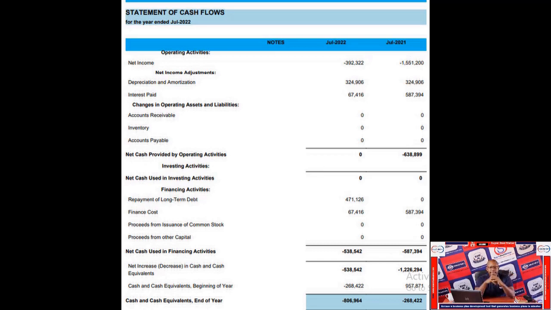So when you have the income from operations, then you need to adjust for your current assets. Remember, when you're looking at the balance sheet, we had our current assets and our current liabilities. As I mentioned before, when you look at the cash flow, you should have a clearer understanding of your income statement and balance sheet.